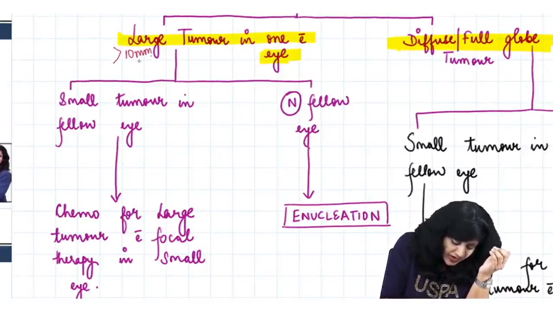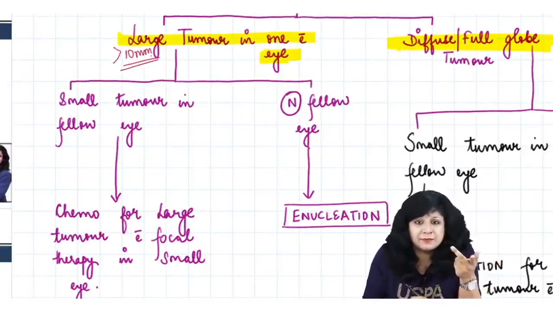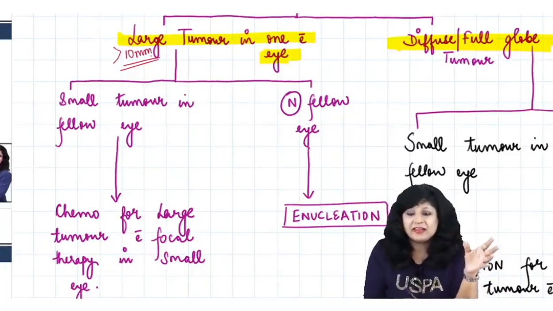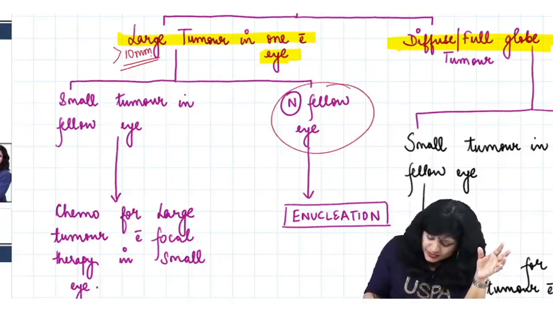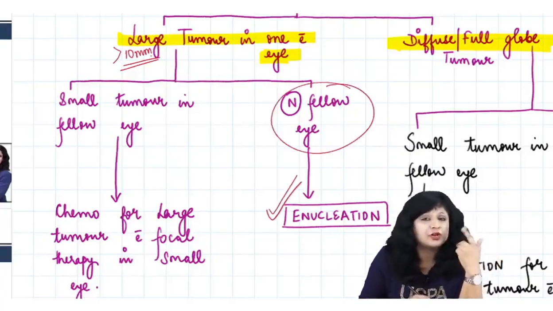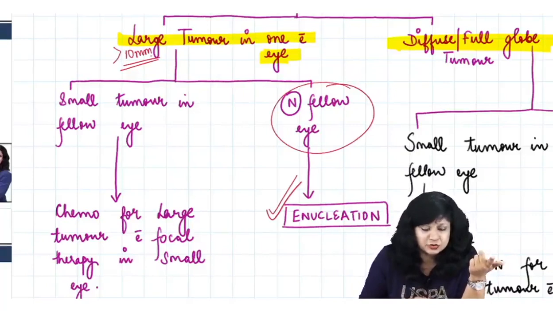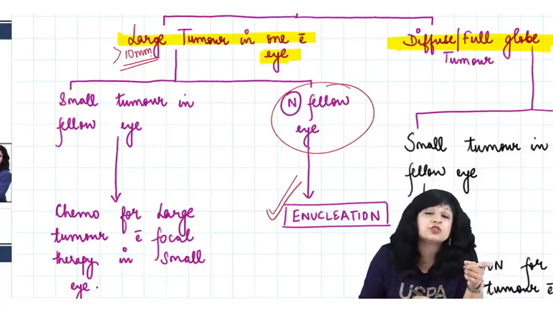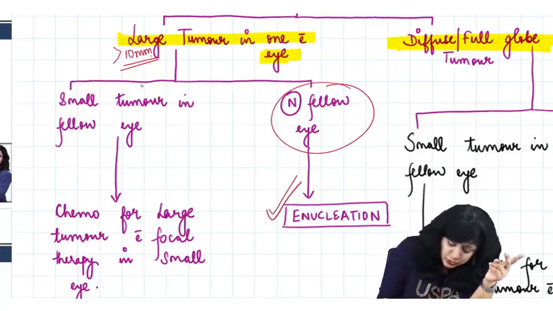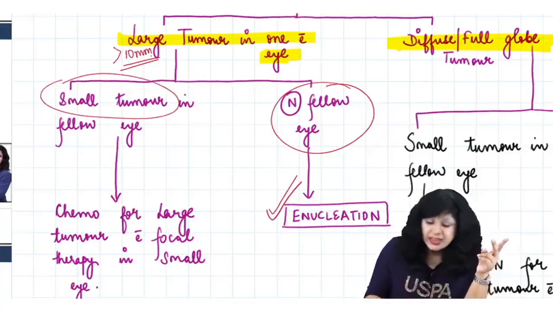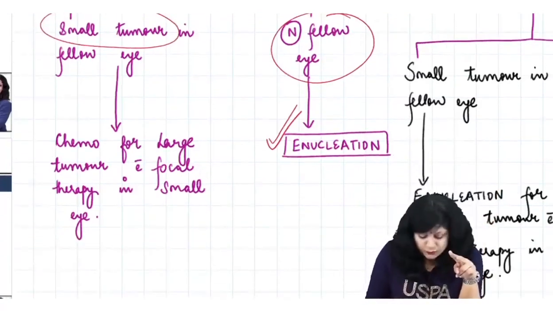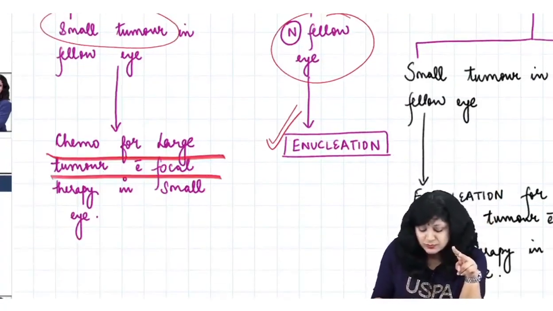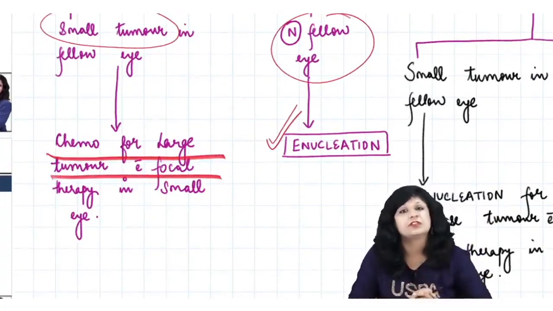Okay, so large means if it is more than 10 mm within one eye and the other eye is normal, then you can simply go for the enucleation of that eye in which you are having a large tumor. But if you are having a large tumor in one eye and the other eye is also showing a small tumor, then you can go for the chemotherapy for the large tumor and do the focal therapy for the small tumor.